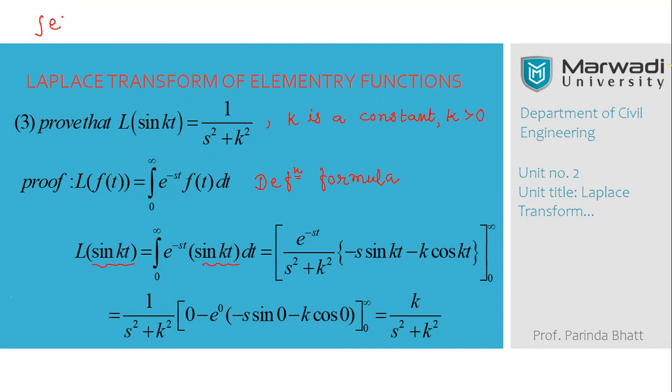The integral of e raised to ax sine bx dx. The formula is e raised to ax over a square plus b square, times a sine bx minus b cos bx.